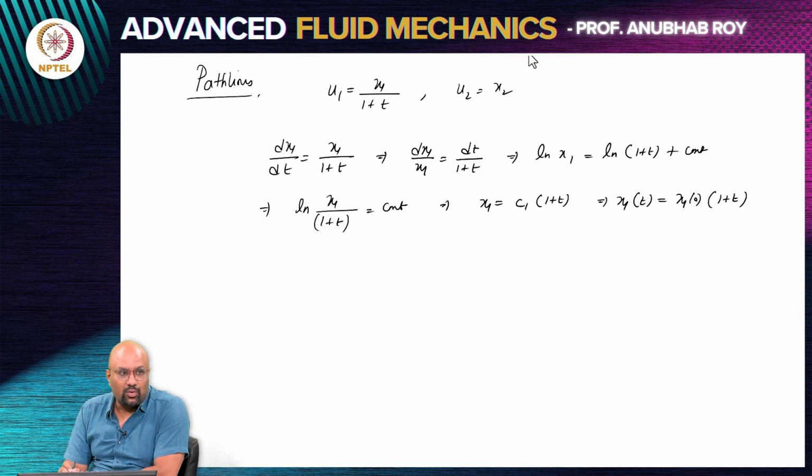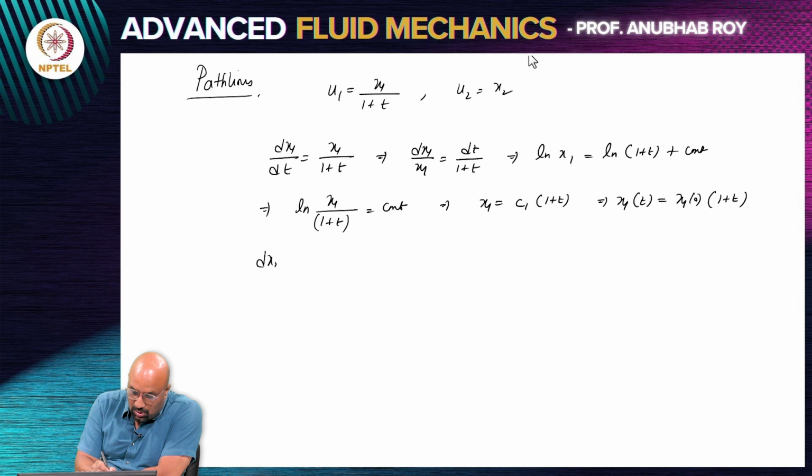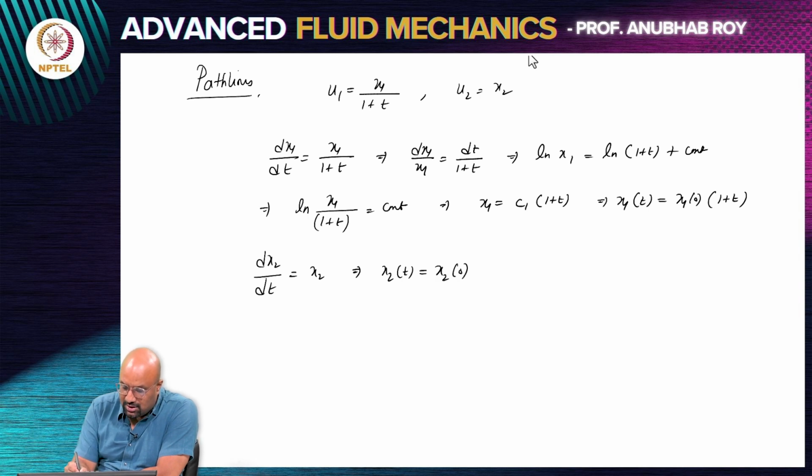That's the path line equation for the x1 coordinate. For the x2 coordinate, dx2/dt is equal to x2, and this we have done just a while back. So x2 of t is x2 of 0 times exponential of t.